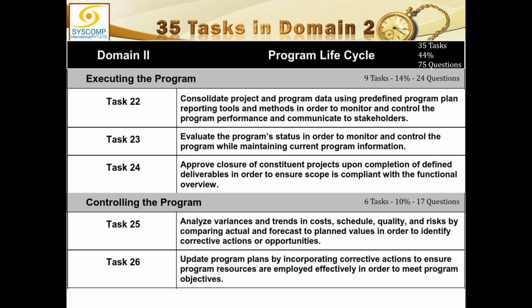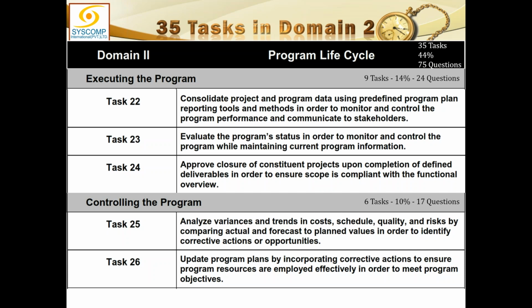Now, whatever results are coming from the projects and being produced in the program, all this data has to be unified using predefined program plan reporting tools and methods in order to monitor and control the program performance and communicate it to the stakeholders. Now we are consolidating the program performance, building it up, and sharing it with the relevant stakeholders.